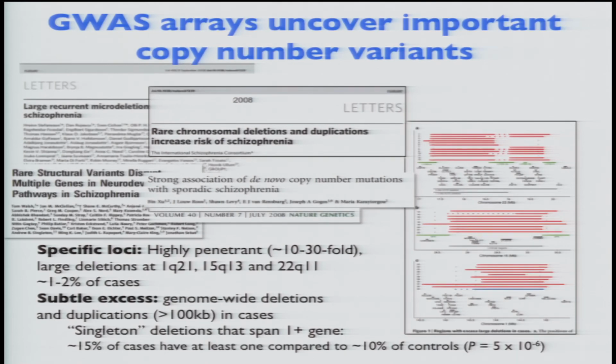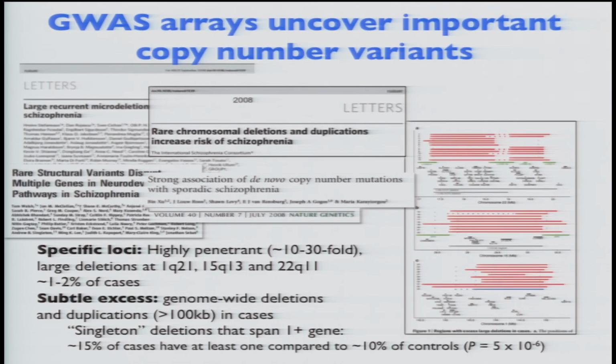Because these studies were so large, we were also able to show a subtle excess across the genome of the rate of rare deletions, most elevated in those that only ever occurred once, the rarest cases in our data set, implying that the genes that were interrupted by that set might really be leading to disease.